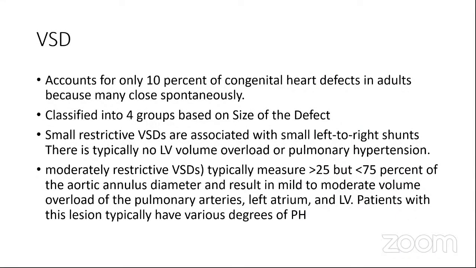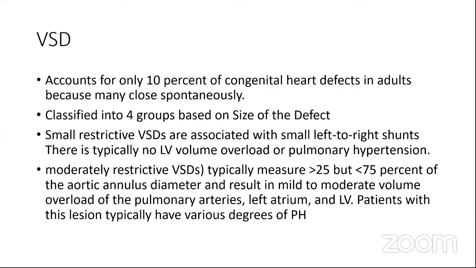The ventricular septal defects account for only 10% of the congenital heart defects in adults because many close spontaneously. They are classified into 4 groups based on the size of the defect. Small restrictive VSDs are associated with small left-to-right shunts, and there's typically no LV volume overload or pulmonary hypertension.